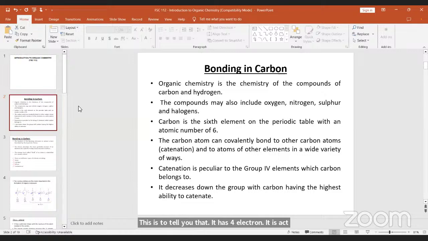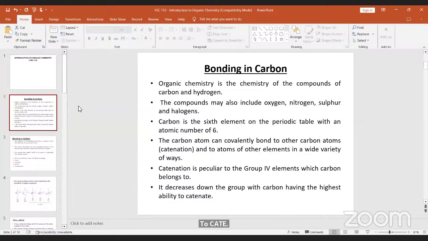But the question is, how does carbon utilize this arrangement in forming bonds? It is interesting to know that carbon does this in so many ways. In fact, that is why carbon has a unique place in chemistry, so much so that it has a branch of chemistry to itself that we call organic chemistry, because carbon has the ability to catenate.